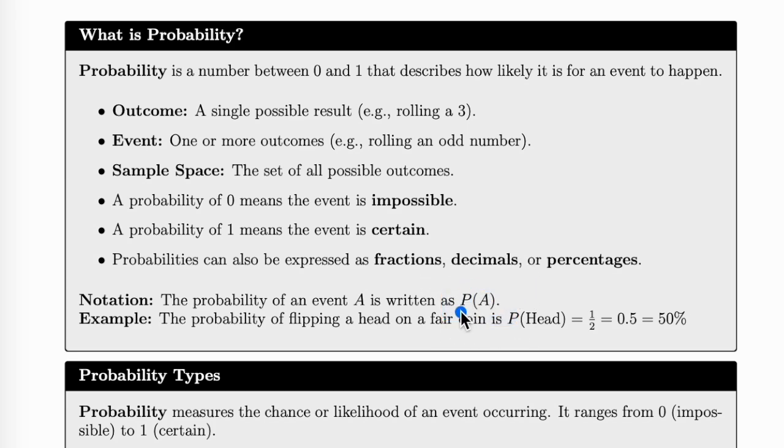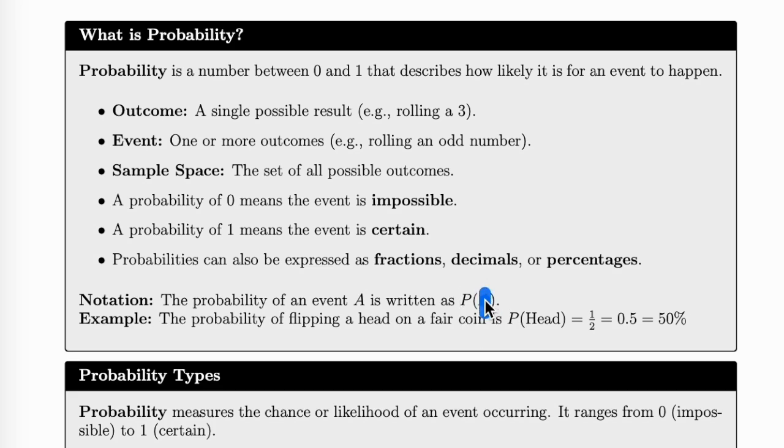P is the name of the function, and we use P for probability. And then inside the parentheses is our event. Just like function notation, we would say f of x. When we're stating our probability notation, we would say the probability of A, meaning event A.